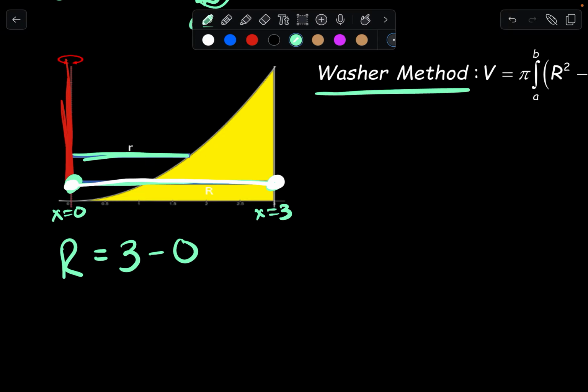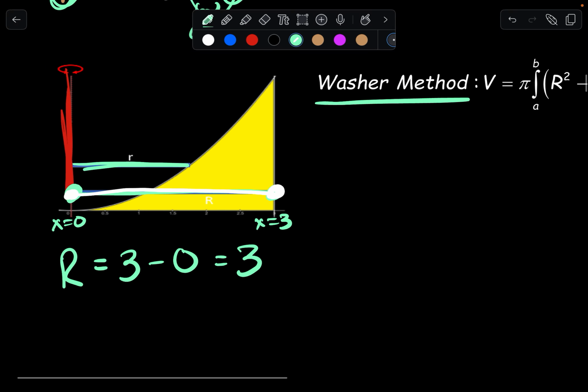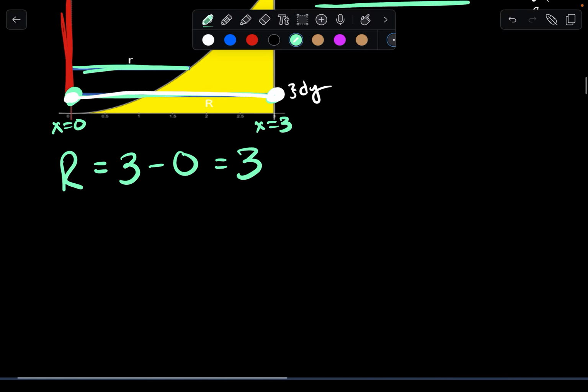So we end up with 3. Now, the variable x, I know we're going to be integrating with respect to y because the short side of the bars are vertical, okay? It doesn't matter because they are constants. There's no x variable involved within this, so I can just use 3 and I'm okay.